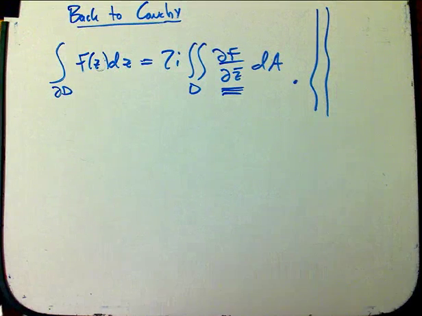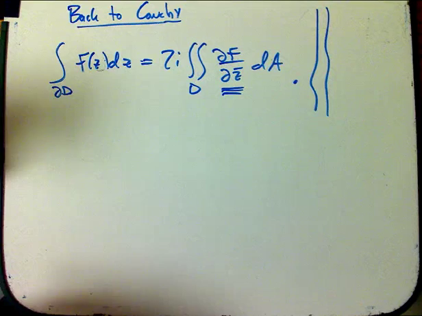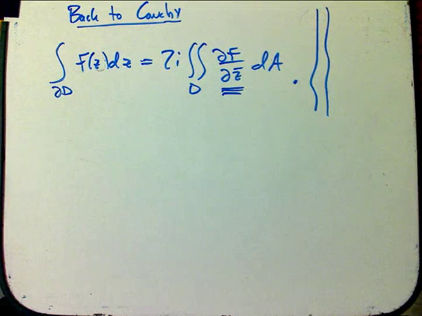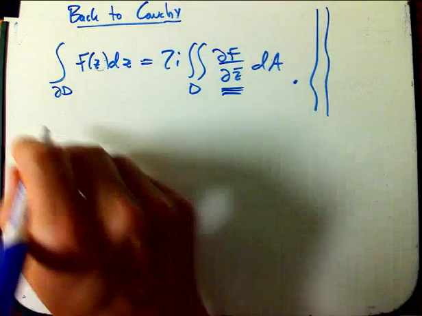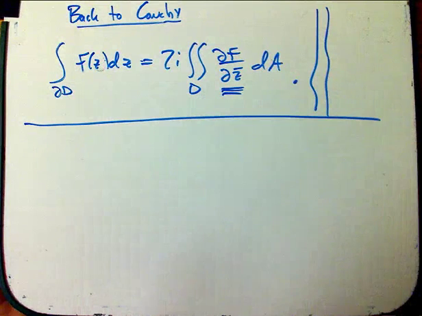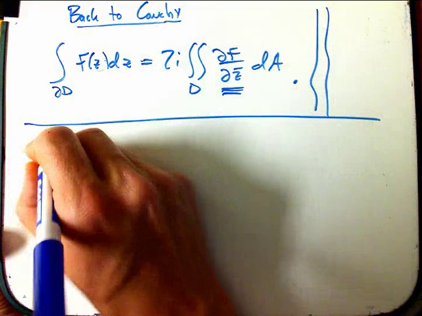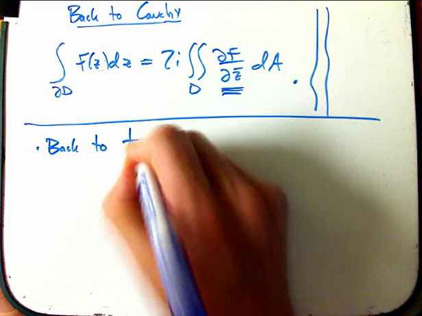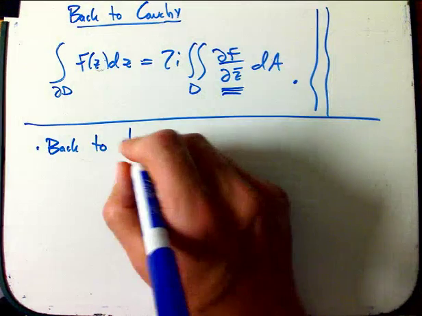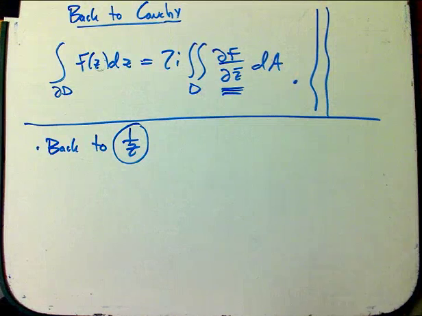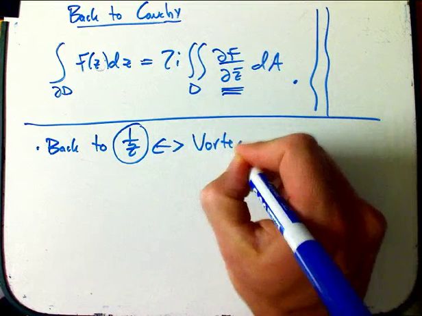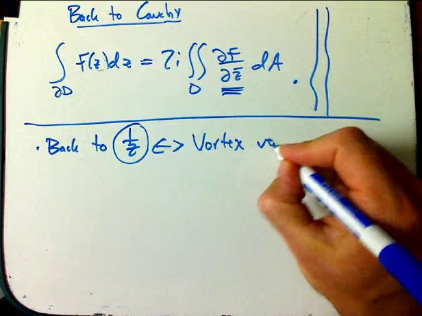Okay, so let's look at just a couple things we can do with that. I want to go back to 1 over z. This is such an important function. And again, I want to keep making these analogies to the vortex vector field.